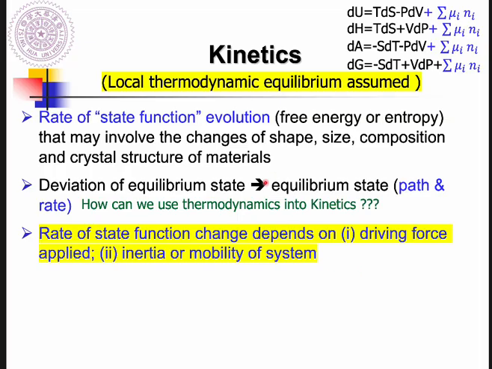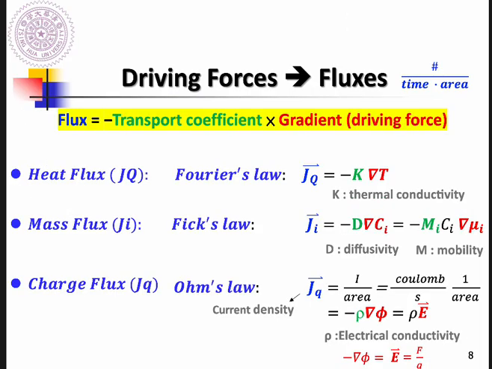So this we call local thermodynamic equilibrium conditions. Next, which parameters affect how fast or how slow this kinetics process is? Well, it depends on two very important parameters. The first one we call the driving force, just a quick reminder.